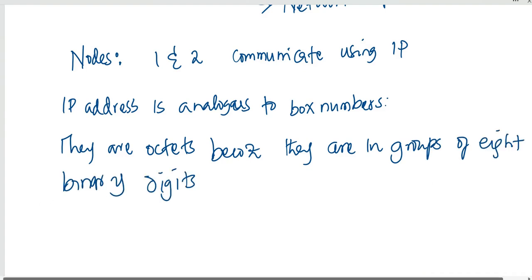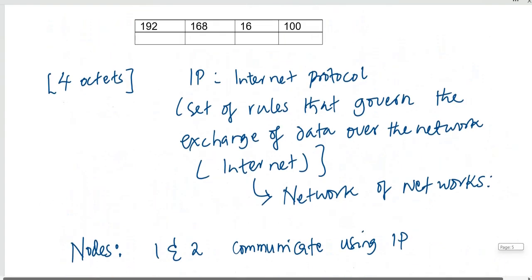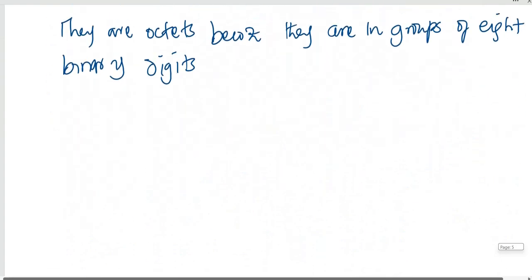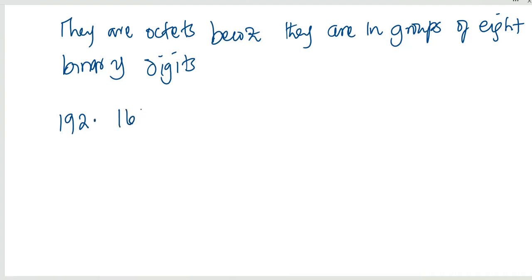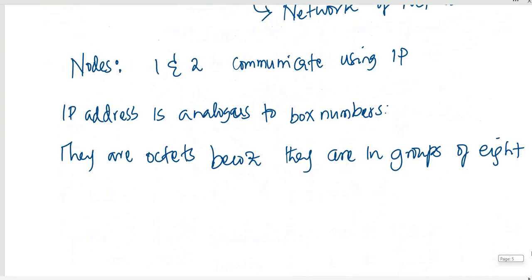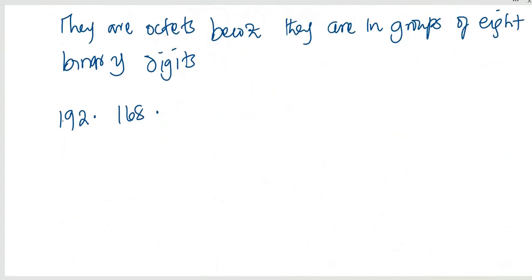So that means I'm going to have 192.168.16.100. And it is like you said, 192.168, then 16, then 100.